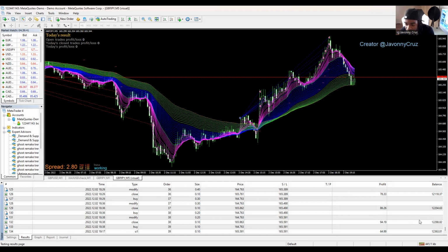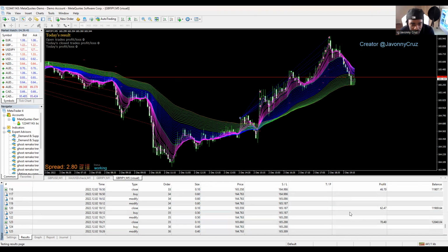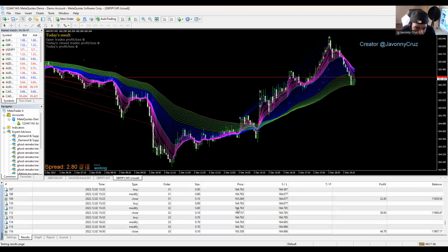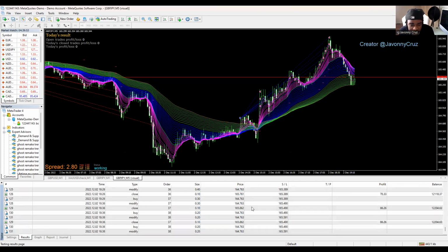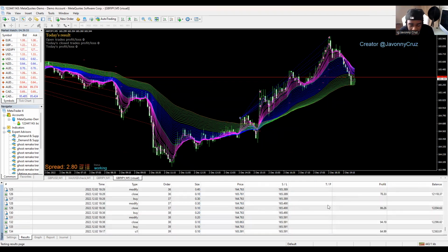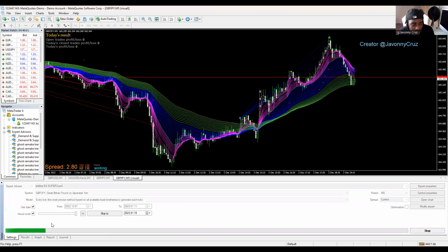Already up $2,363 on a dollar lot size, but you only have a dollar lot size for 10 pips. And then you're taking partial profits, literally taking partial profits until the lot is just gone. So, let's continue.